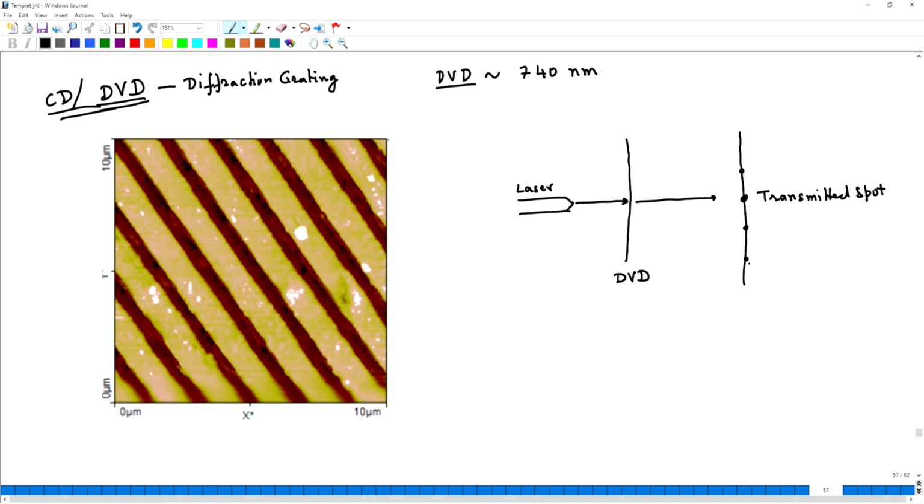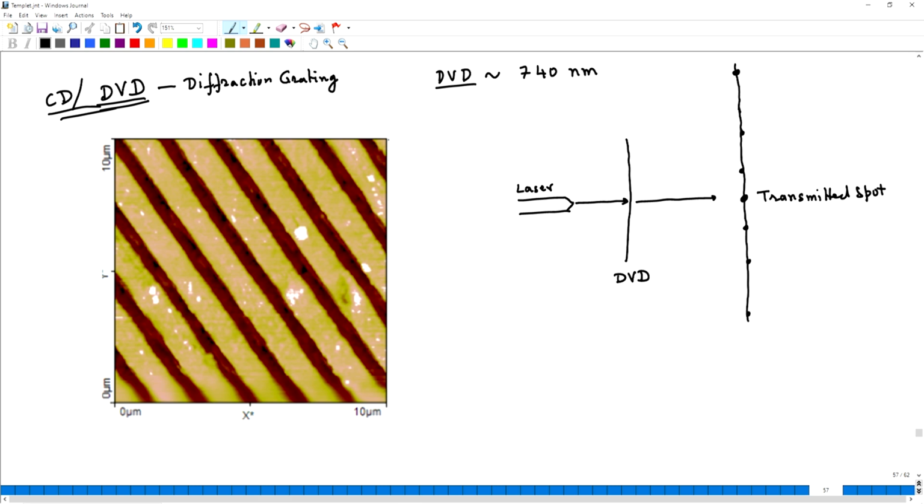Now, why do I get many of them? As we go further away from the transmitted spot, the distance between the spots keeps increasing. Now, where is this coming from?